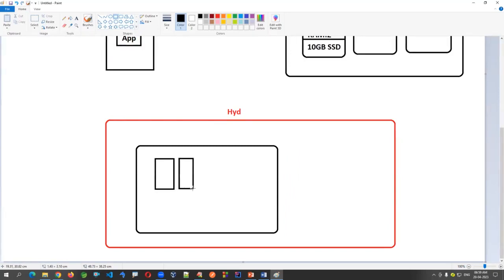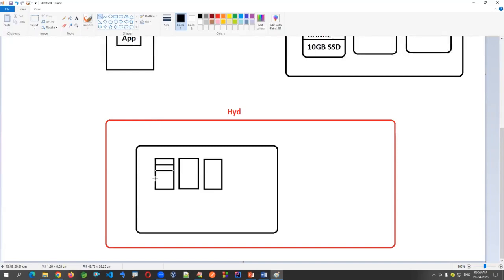In simple words, it's a very big computer, something like a CPU. It's all CPUs with storage. These are all servers, which we generally call data centers.